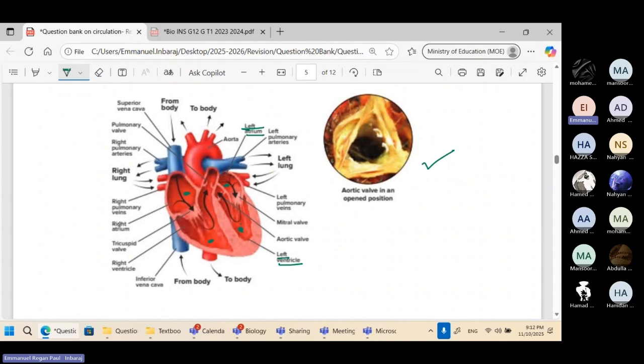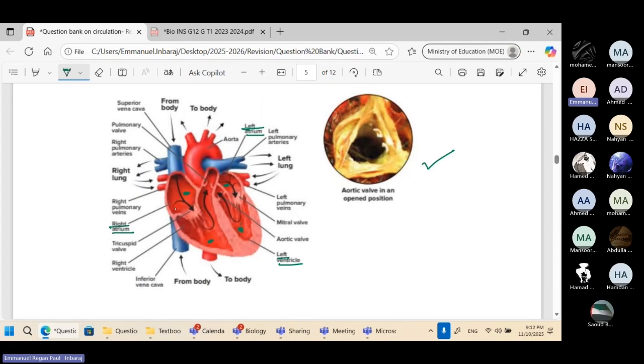Then number 3, right atrium. This is right atrium, this whole area, and the right ventricle. It's like a room, a room which is filled with blood. There are 4 rooms or 4 chambers: right atrium, right ventricle, left atrium, left ventricle.